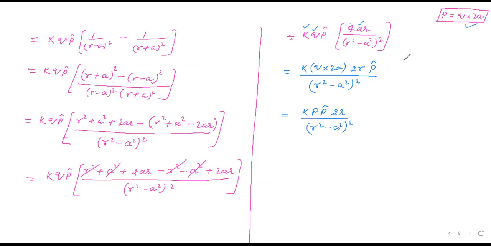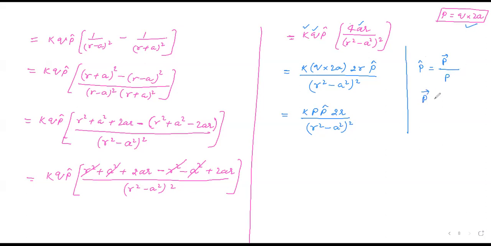From class 11th, you already know the unit vector is equal to the vector over the mod of the vector, or the magnitude of the vector.